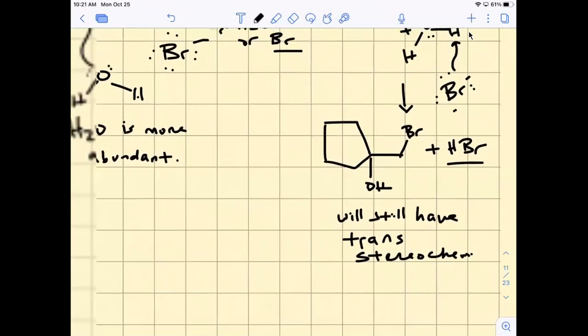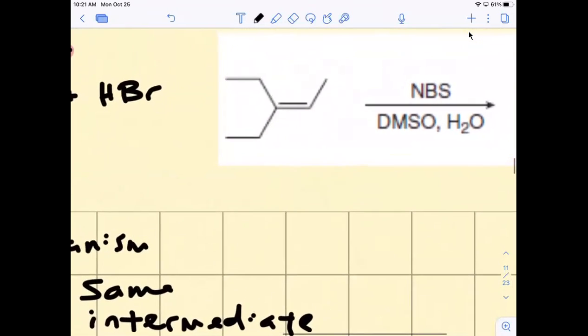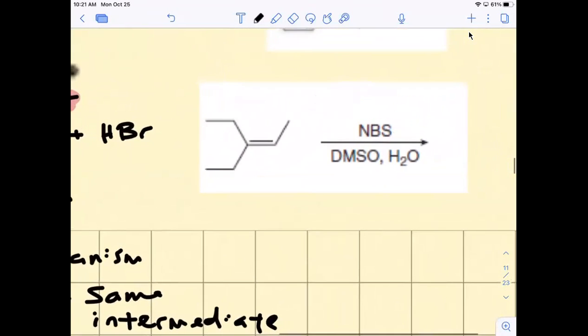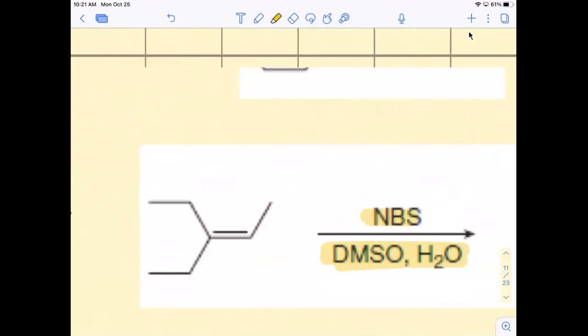The other reaction here is also a halohydrin. It's just with different reagents. So NBS and DMSO and water. NBS is a similar type of reagent. It looks like this.